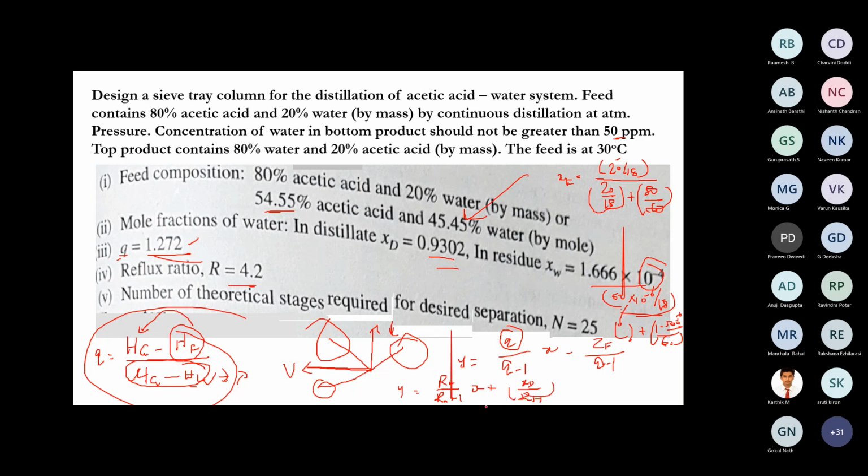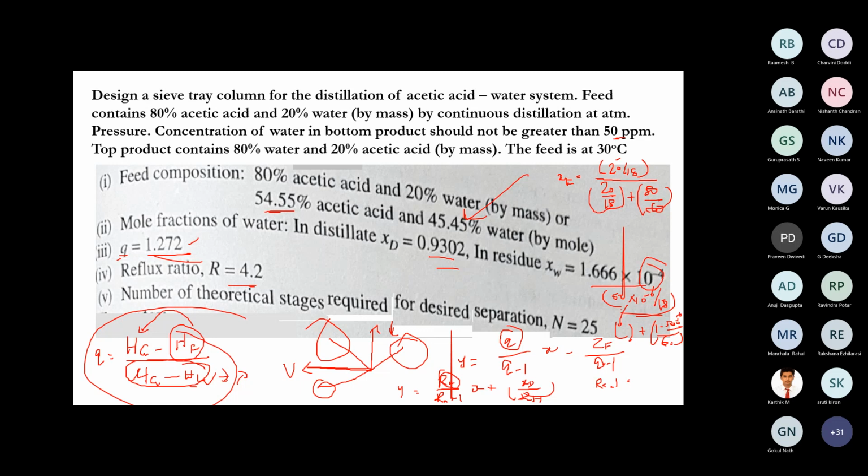Once you know this, you can calculate the R minimum, then you can choose the R actual. What should be the R actual value normally? 1.2 to 1.5 times of R minimum. Yeah, you can go up to 2 times also based on the system.